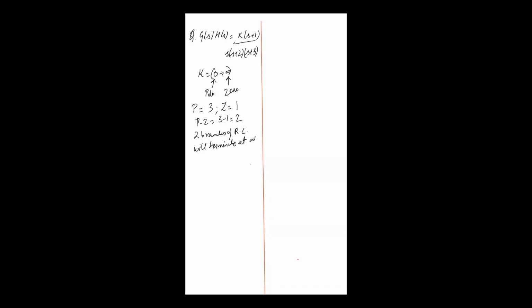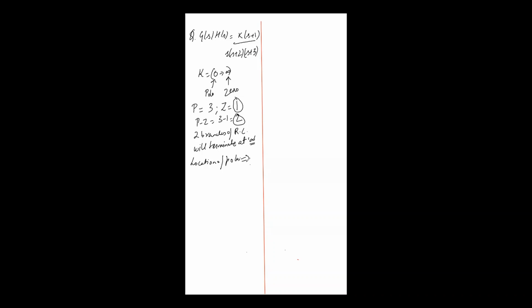One branch will terminate at the 1 zero, which is present here, and 2 branches will terminate at infinity, along asymptotes, that we have also seen in the previous classes.